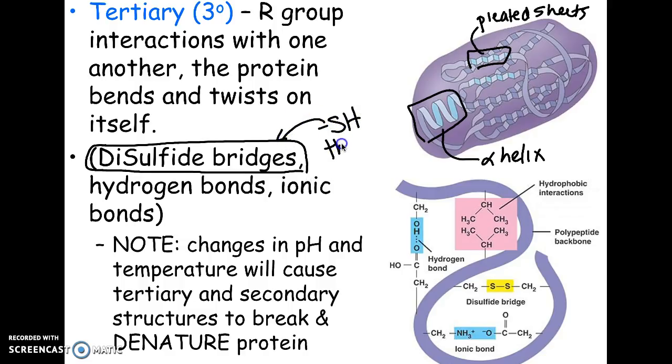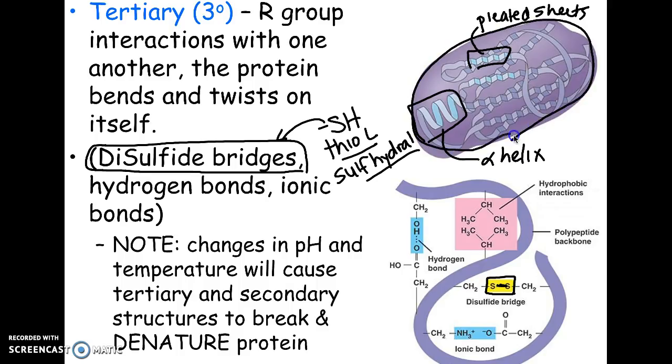Those come from the functional group we talked about called a thiol or a sulfhydryl group. If you remember, sulfhydryl or thiol, it's SH. Here's a picture of one. It forms a covalent bond and forms what's called a disulfide bridge. So the entire protein folds up into a final shape, a specific final shape that will determine the job of that protein.